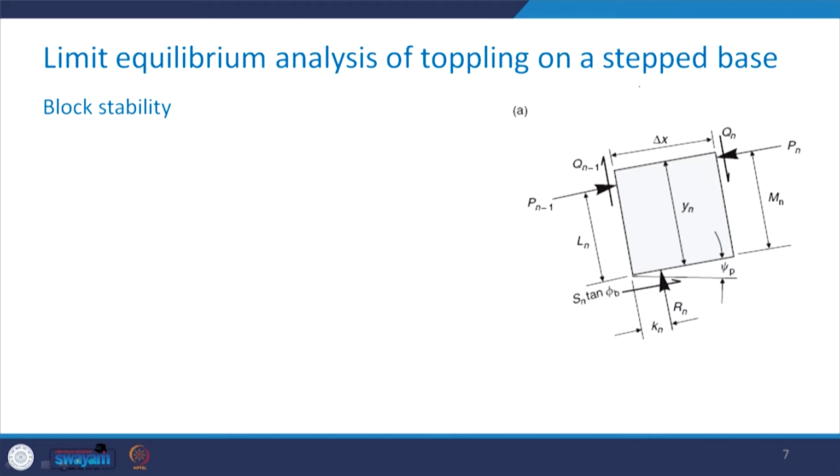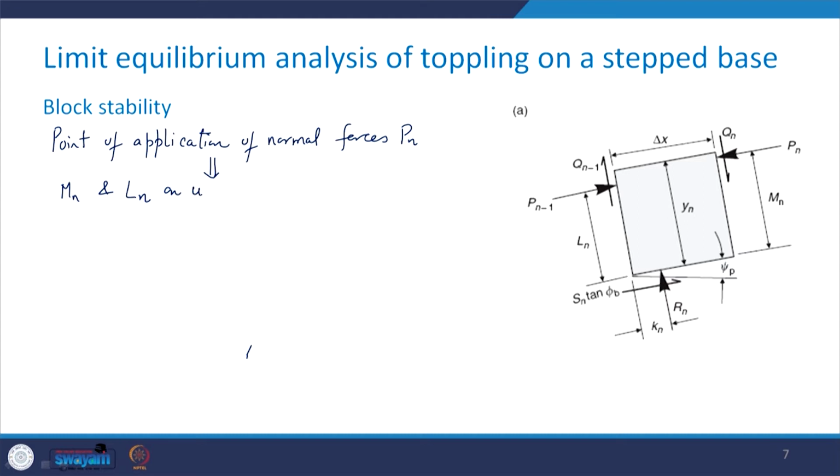Now in case of these toppling blocks, the points of application of the normal forces Pn are given as Mn and Ln, as we have seen in the previous figure, on the upper and lower faces respectively.